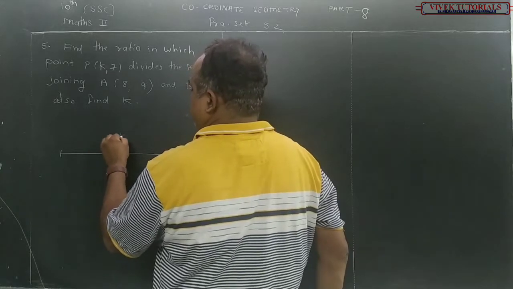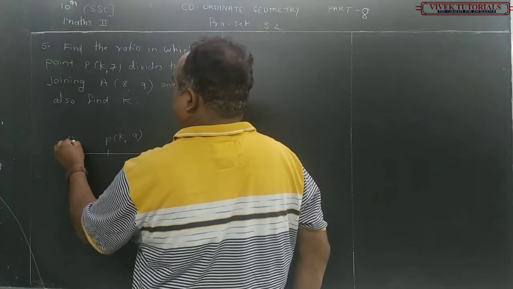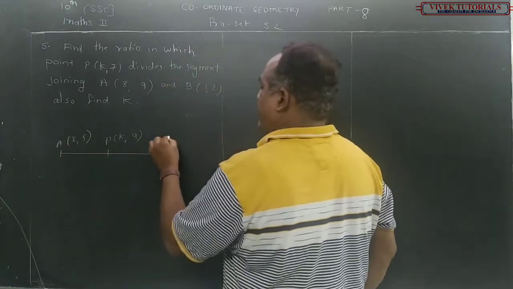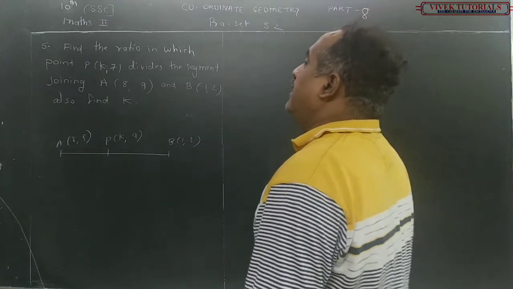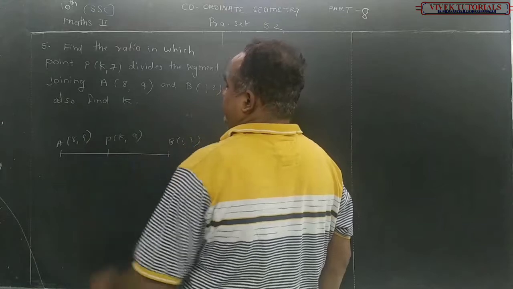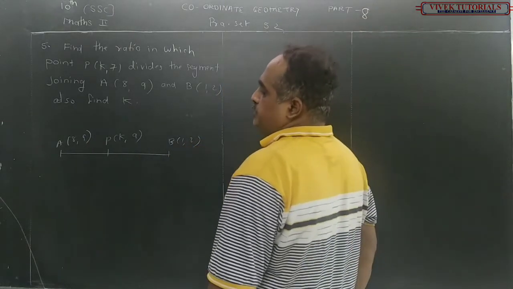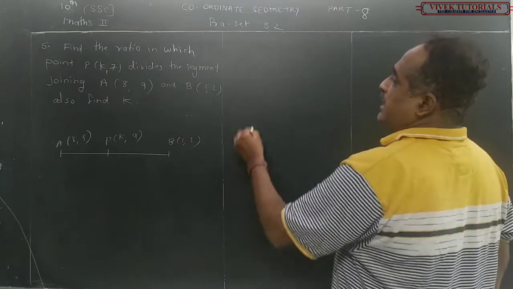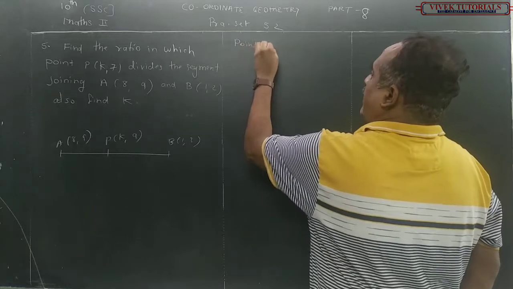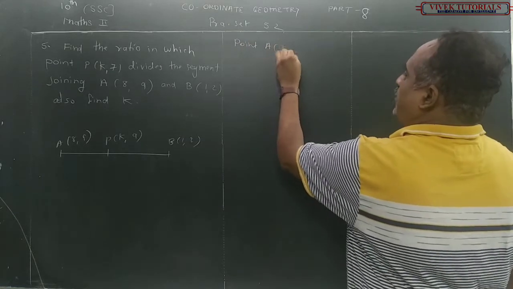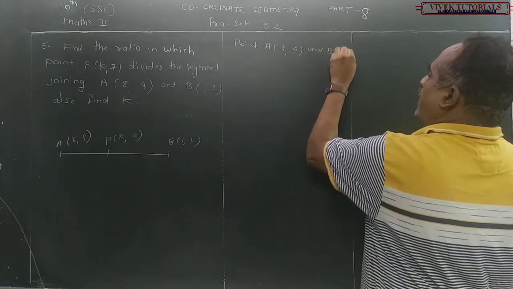P's coordinates are K, 7, A's coordinates are 8, 9, and B's coordinates are 1, 2, and they have asked the ratio in which it is divided. So point A is 8, 9 and B is 1, 2.